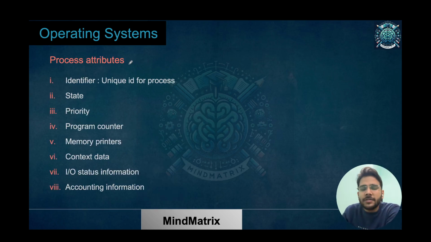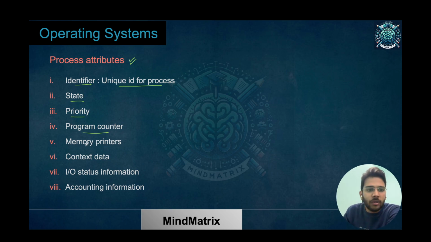So there are some attributes which are associated with every process. If we talk about a single process, we have the identifier, which is the unique ID for a process. We have the state, the priority of a process, and the program counter, right? Where the next instruction to be executed is stored.